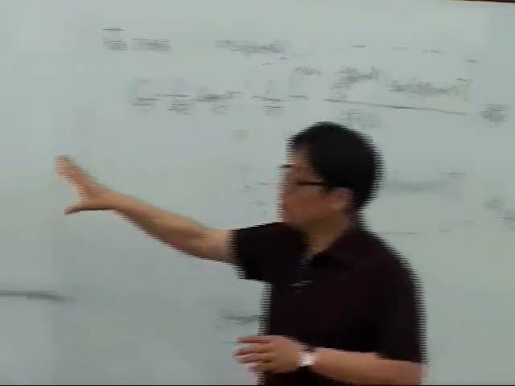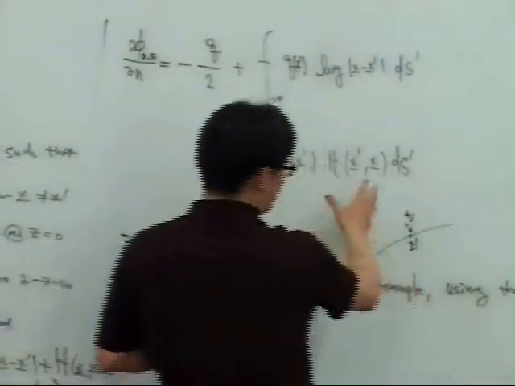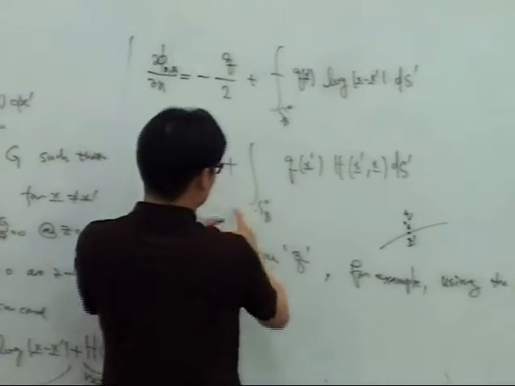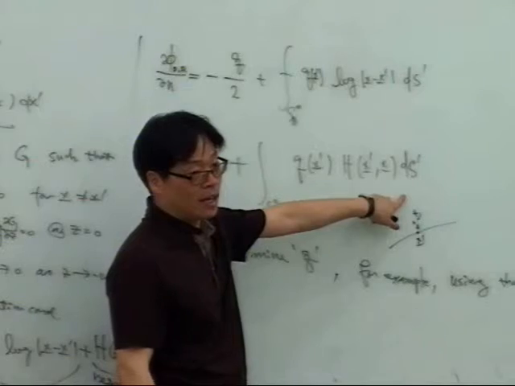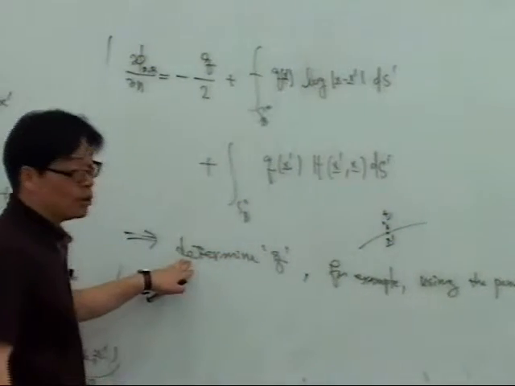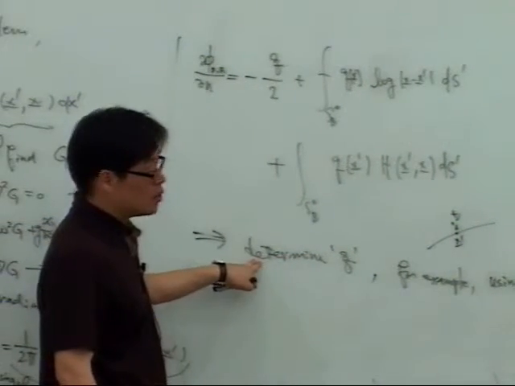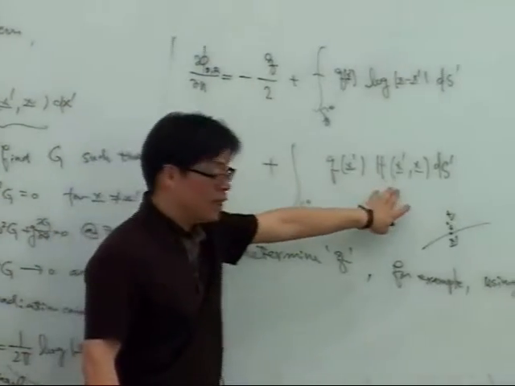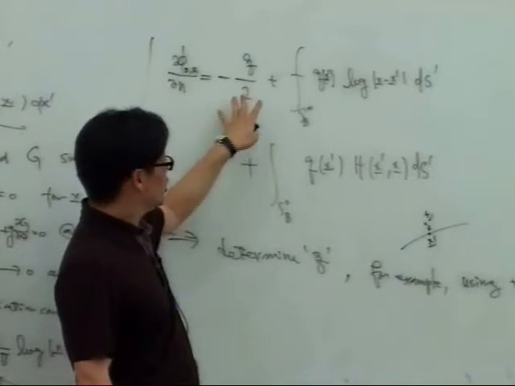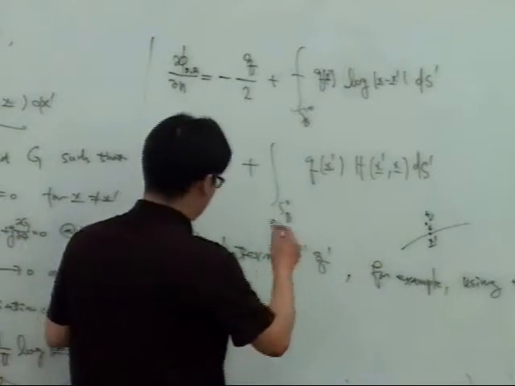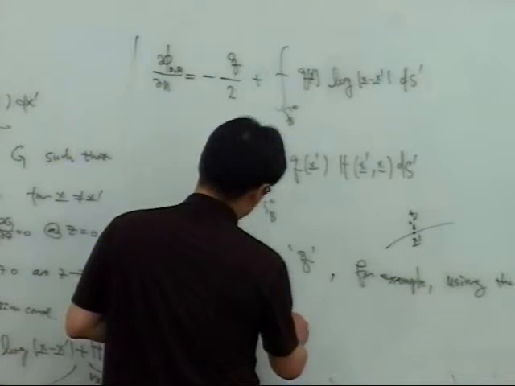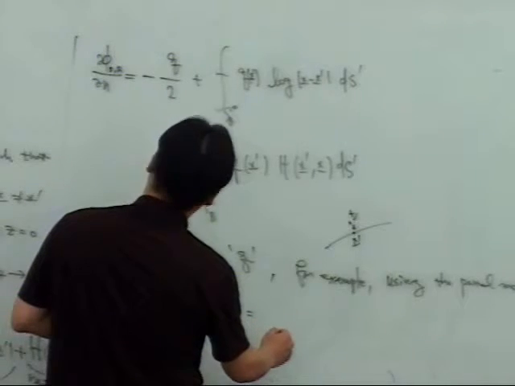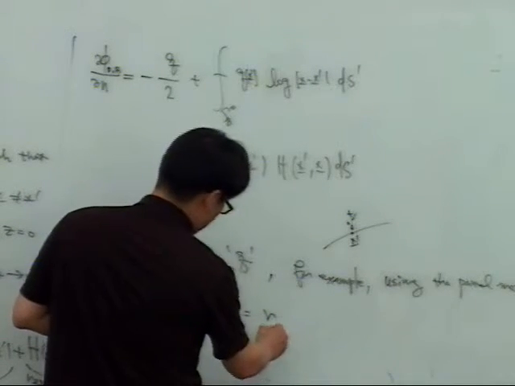Once you have G and then H, then you know this numerically, and then you do the numerical integration of this as well to determine Q. So the first step is to evaluate H numerically, then plug in here, construct a matrix, and determine Q. So finally you will get something like this, the right hand side, right?